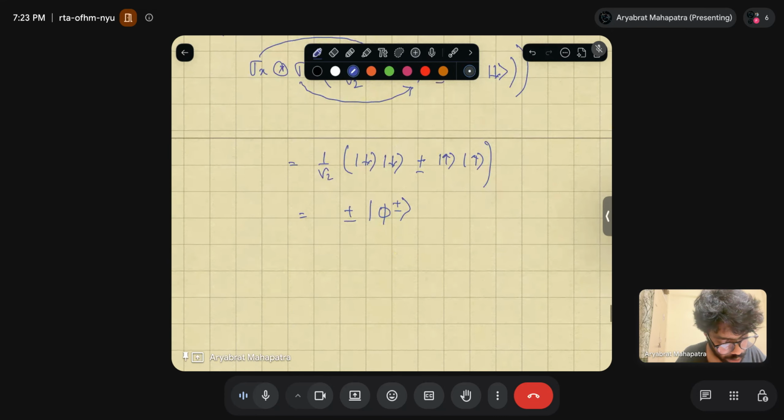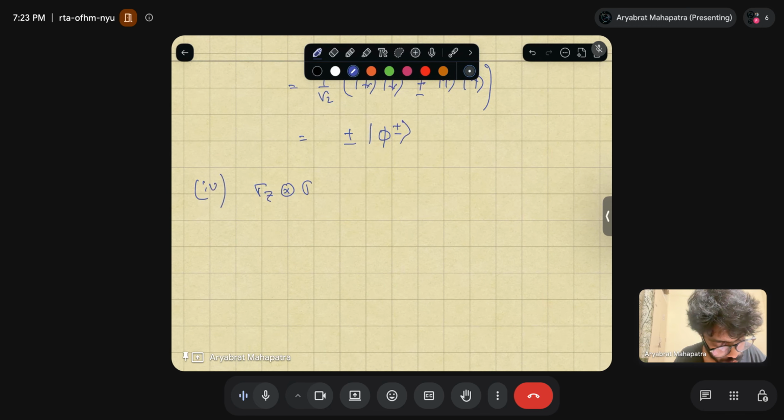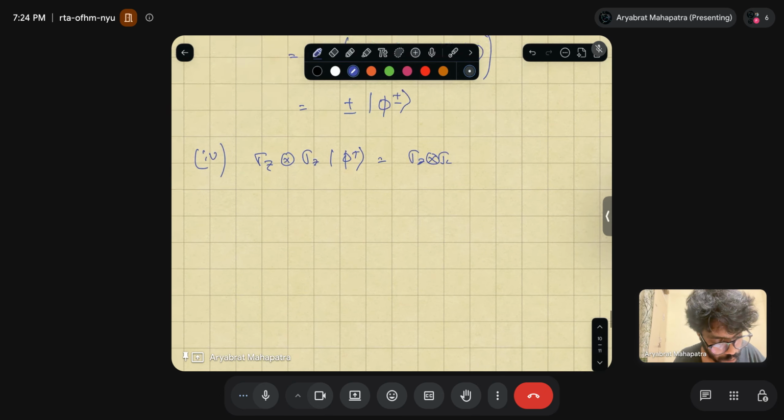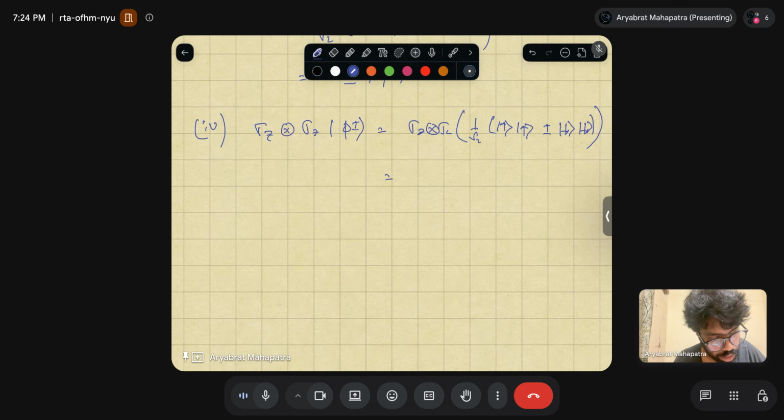Okay, so now if you do sigma z, let's say the fourth measurement, sigma z cross sigma z on phi plus or minus, you'll get 1 over square root 2 of up state and up state, plus minus down state and down state. Again, one sigma z will act on the first, and the other on the second.